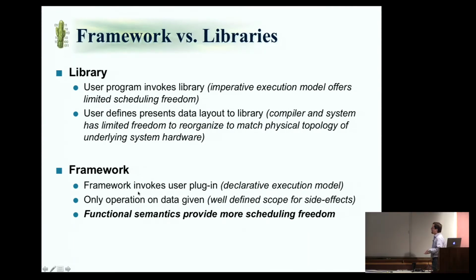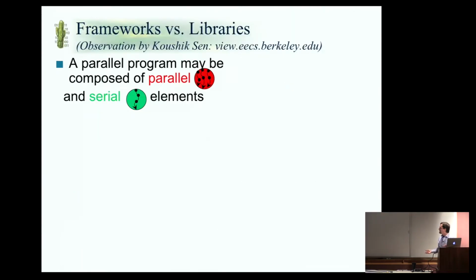A framework is the inverse. The framework invokes your code as a plugin. You do not own main. You've agreed and normalized all of your data structures, and again, the thing that is invoked only operates on the data it was given. So the functional semantics of the framework give you more scheduling freedom.